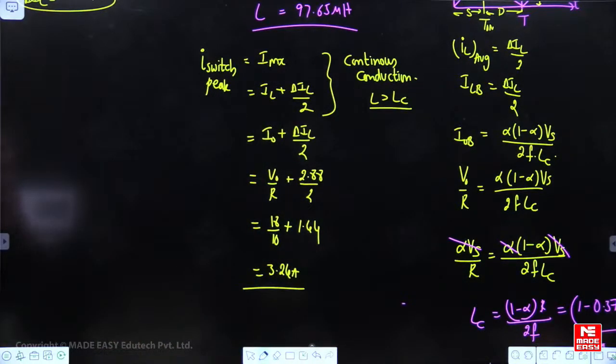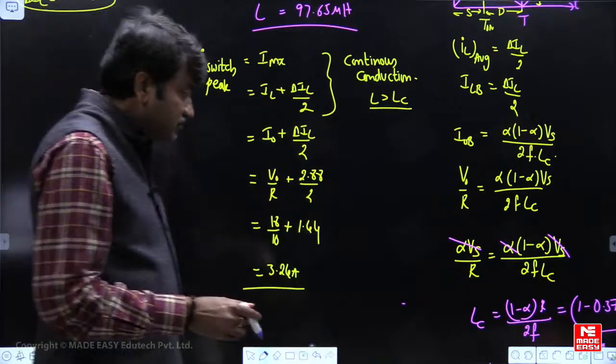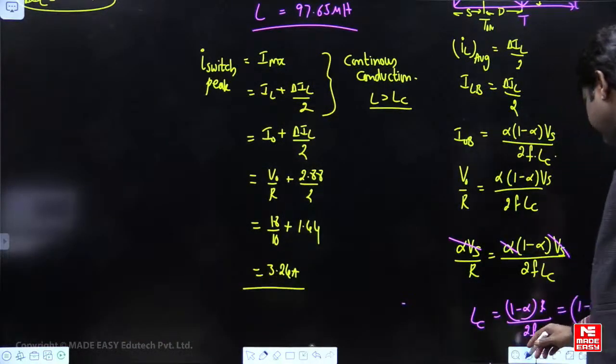Very good question. That is the peak current that is passing through the switch. Students, once again go through this question, all of you.